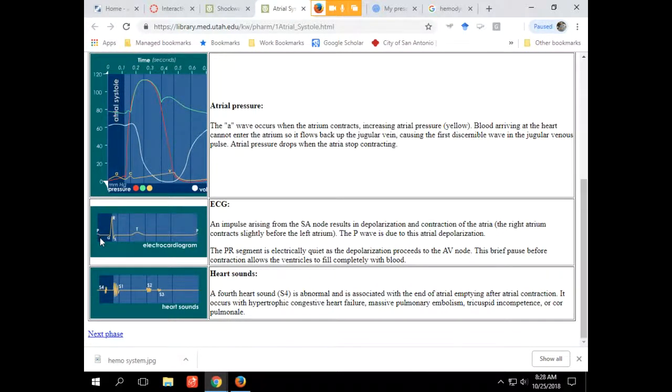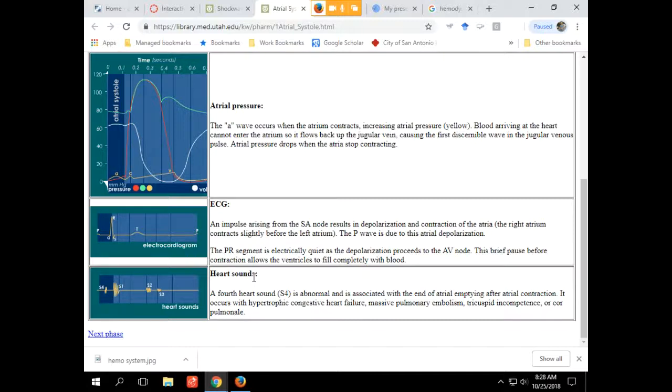And then probably 0.180 seconds later, we get our A wave right there. Then we see all the succession like that. During atrial systole, if we hear any noise when we put our stethoscope on, it's an abnormal heart sound, an S4. It's usually more associated with higher volume and filling pressure.